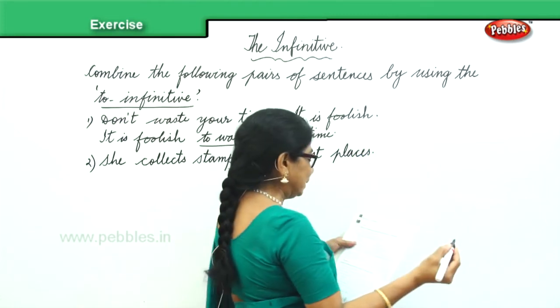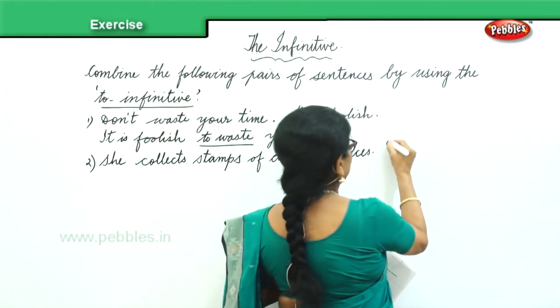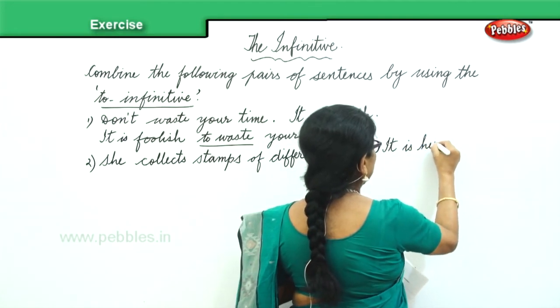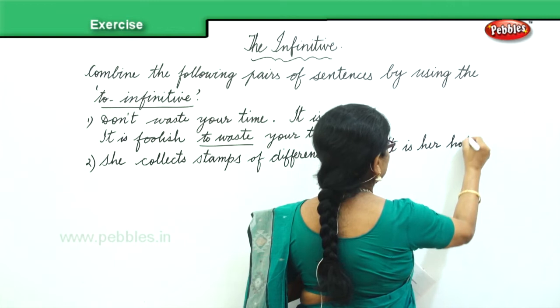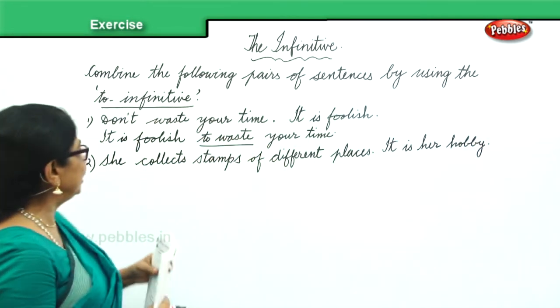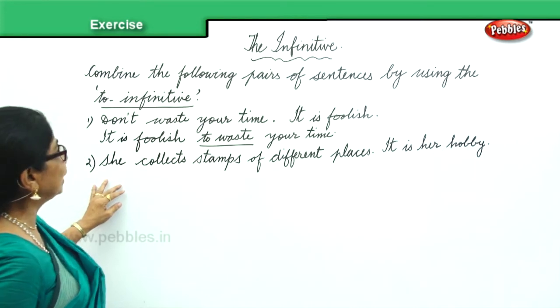And the next sentence is: It is her hobby. Now, we need to combine together with to.